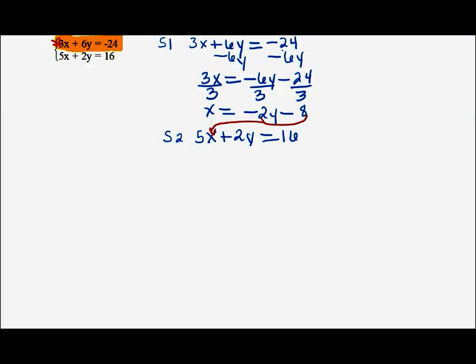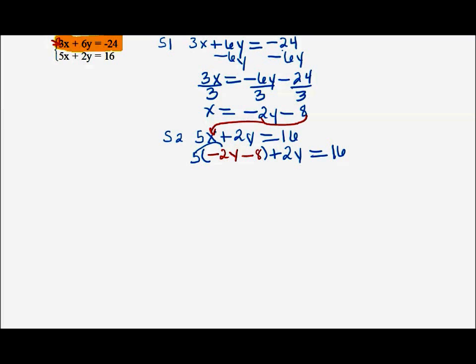So this will become 5 times negative 2y minus 8. Then I'll finish writing the rest of the problem. Plus 2y equals 16. Okay? Now I can solve for y and figure out what my y value is.